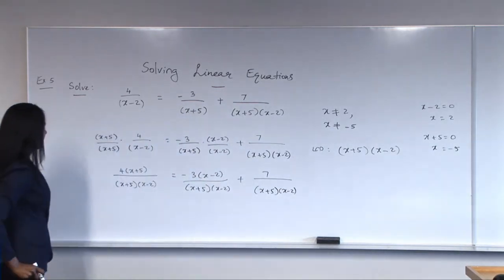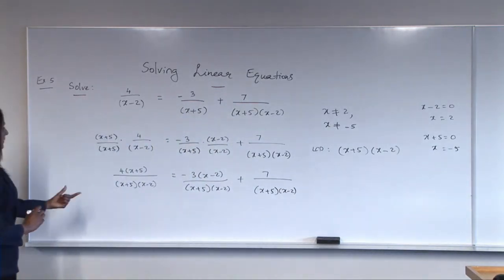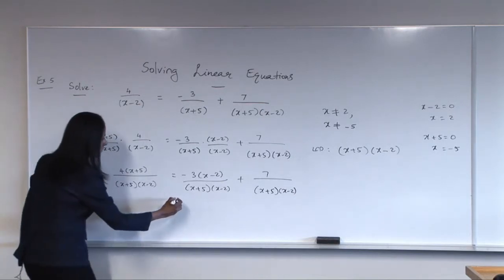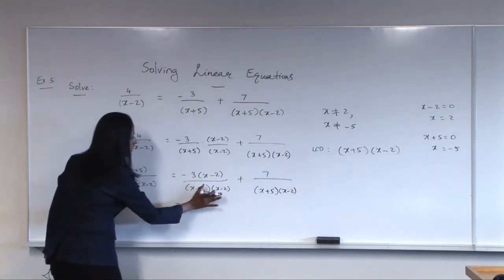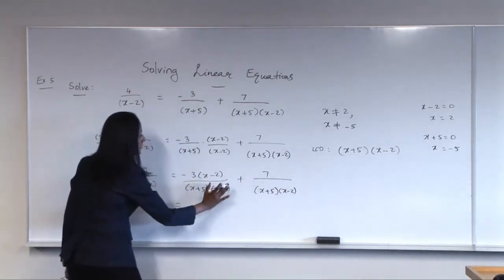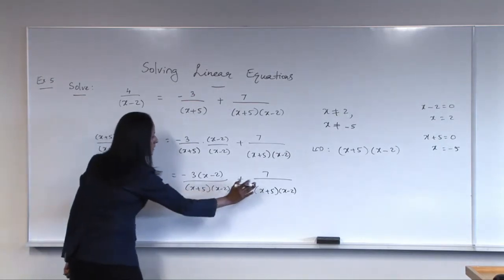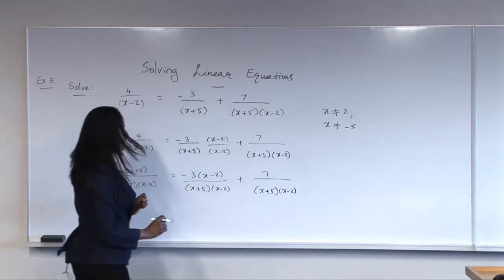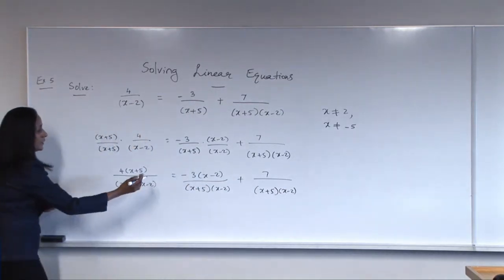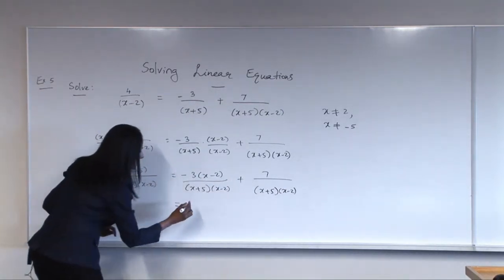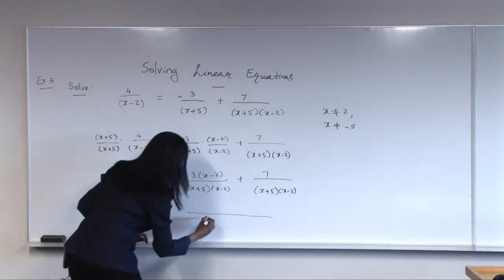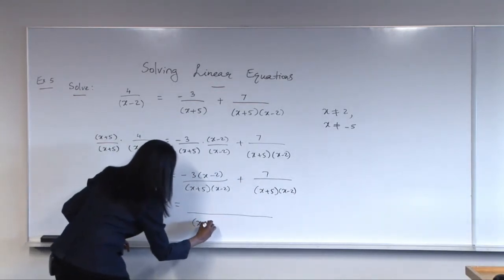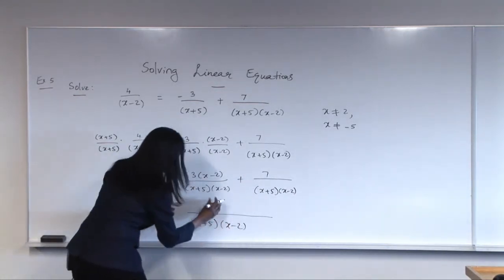Okay. So now you see, everywhere it's the same. Even we can write here, if you have a 3 here, addition, what do we do? The common denominator is x plus 5 times x minus 2. So now I'm going to combine these two together. The common denominator is x plus 5 times x minus 2.